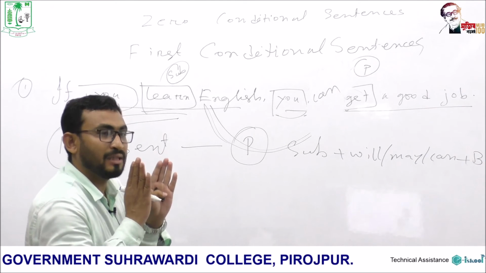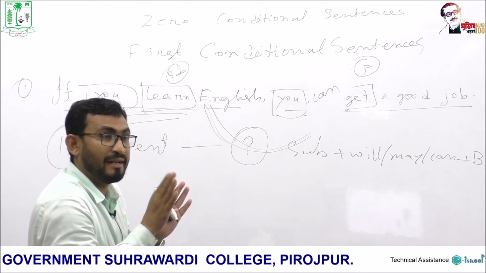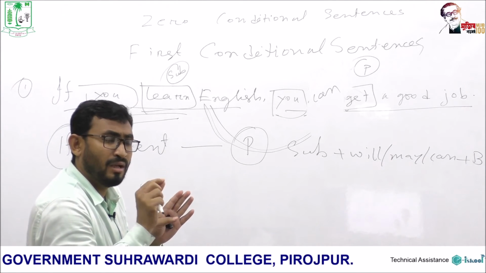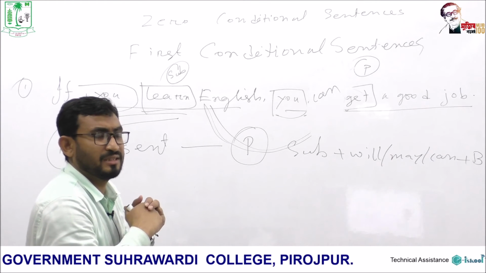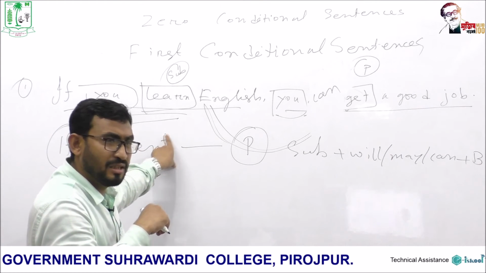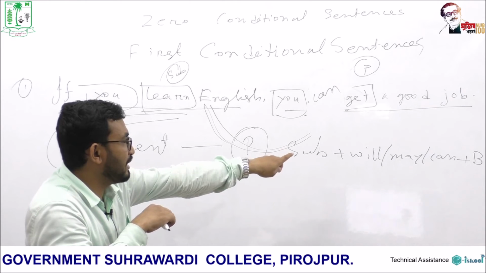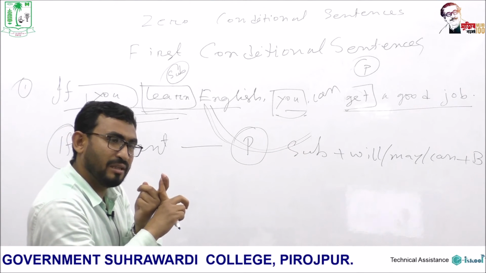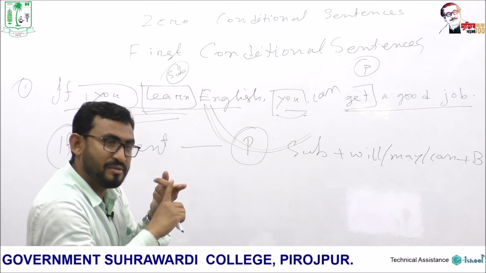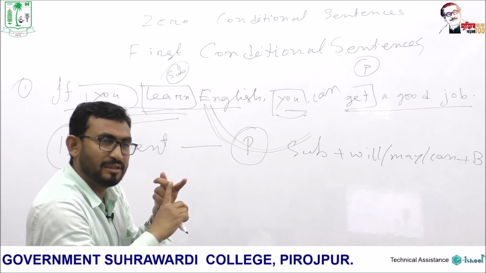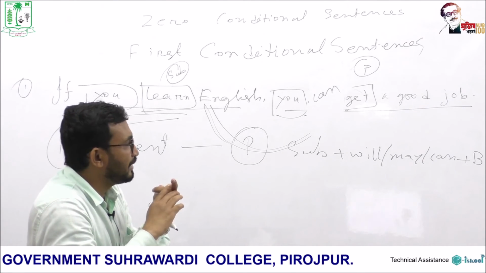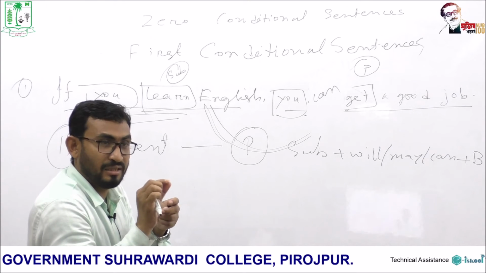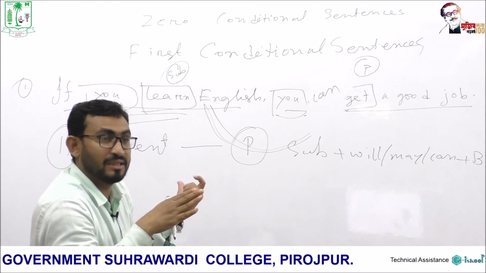Only this is the grammatical principle of writing first conditional sentence. Sometimes you can use will, sometimes you can use may, sometimes you can use can, because it depends on the sense you apply in the sentence.